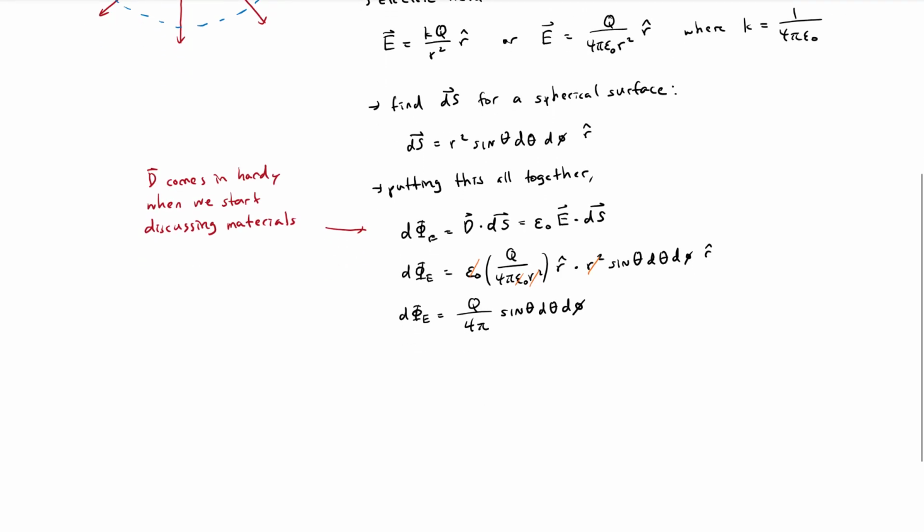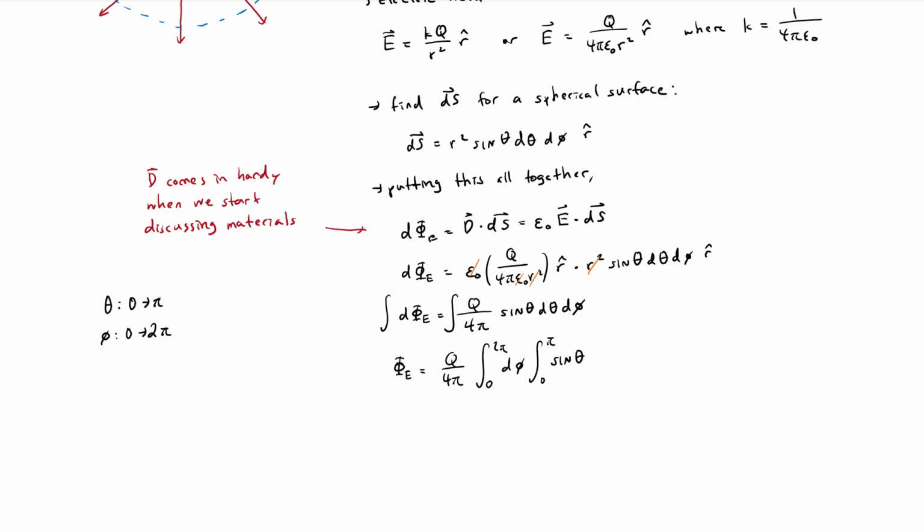Okay, so all we have to do now is integrate both sides and then figure out the bounds. I know that for theta in spherical coordinates, it's going to go from 0 to pi, and phi is going to go from 0 to 2 pi. So I will be able to calculate my total electric flux, can factor out the Q over 4 pi, integral from 0 to 2 pi d phi, integral from 0 to pi of sine theta d theta.